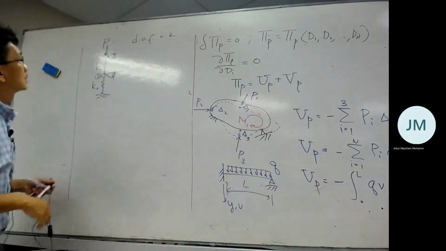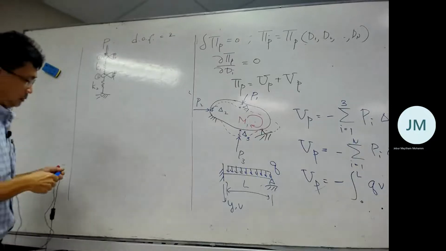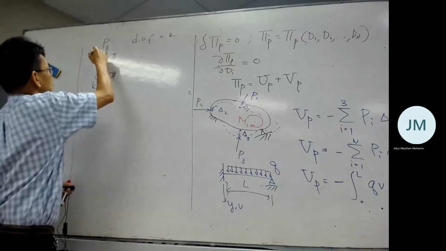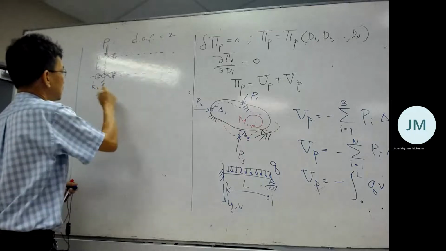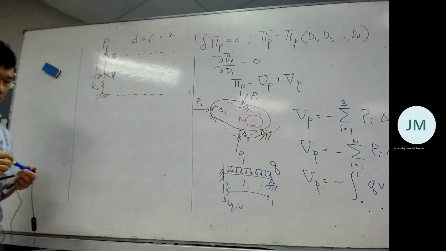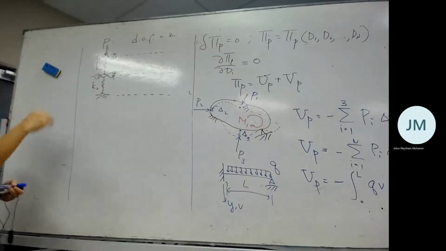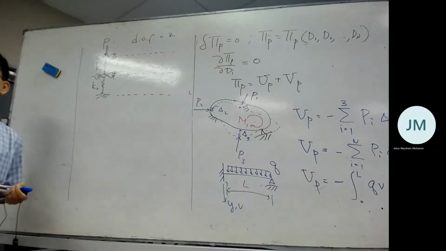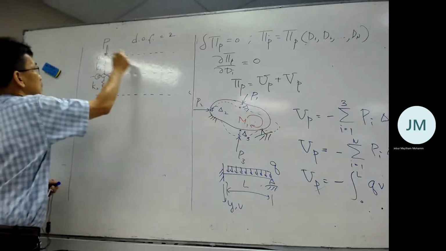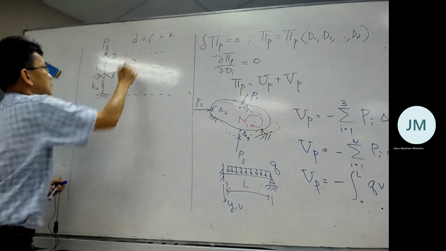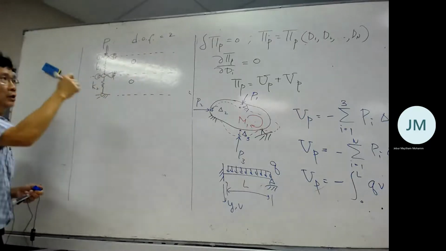So when the structure is loaded, this is the location before the load is applied, and after the load is applied, of course, these two springs will become compressed, meaning that this one will come down. And this one also may come down, depending on K1 and K2.